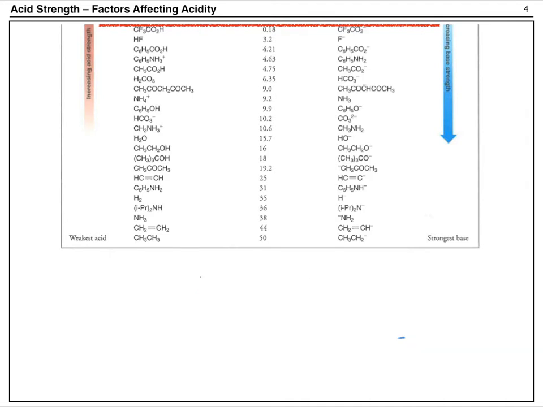So the next trend that we want to examine is based on resonance stabilization. And so we're going to look specifically at an alcohol, so ethanol with a pKa of 16, and then another two carbon species, ethanoic acid, with a pKa of 4.75.